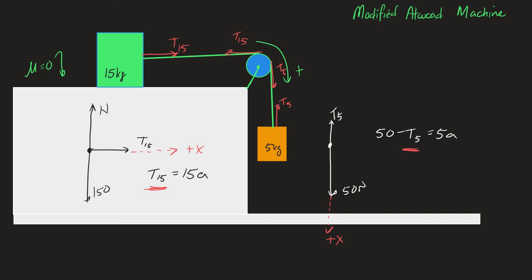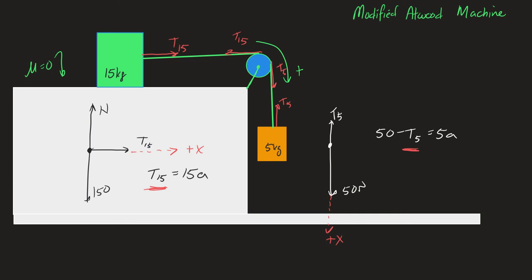These are equal and opposite, Newton's third law. These are equal and opposite, Newton's third law. The real question is, are these equal? It depends. They are equal if the pulley is massless.